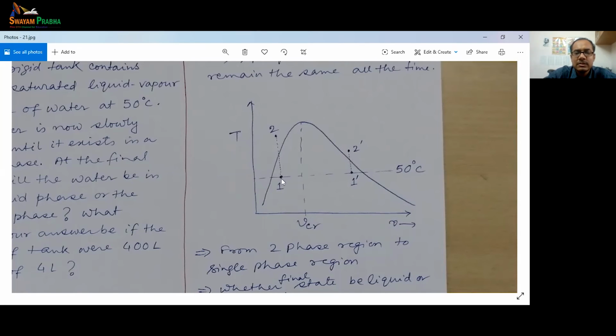Now you are at 50 degrees centigrade. Let's say this is the 50 degrees centigrade line. And you are somewhere here on this line, and you are under this dome, because it is given that the initial state is a 2-phase mixture. Okay, so now if you are at point 1, suppose this is the 2-phase mixture at 50 degrees centigrade, everything is fine, right?